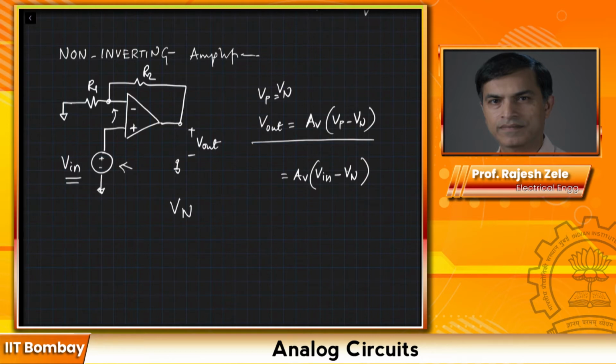So Vn is equal to Vin minus Vout divided by Av. As we said, if Av is infinite, then Vn is equal to Vin, and that's the virtual short we were talking about.